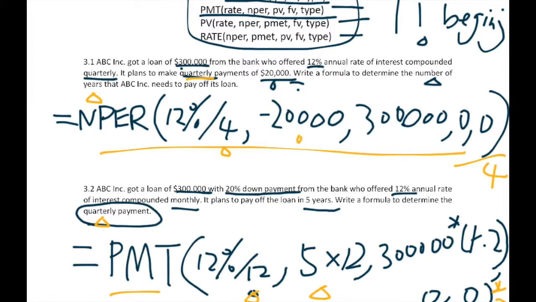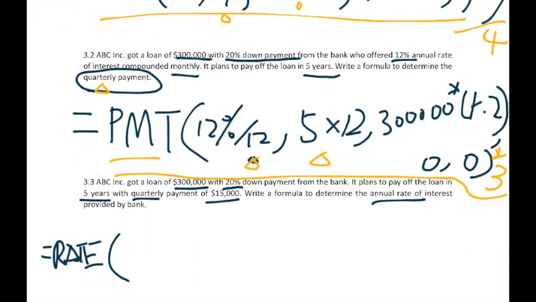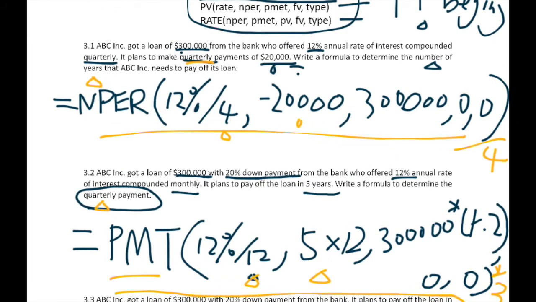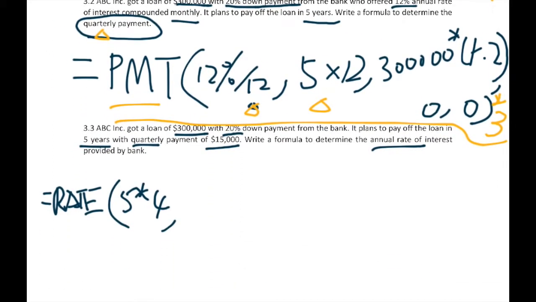The first is NPER, then, sorry for the typo, it should be PMT, then PV, FV, and type. NPER is 5 years times 4, because it's quarterly. And then our payment every quarter is 15,000, and it should be negative because I'm paying it out.